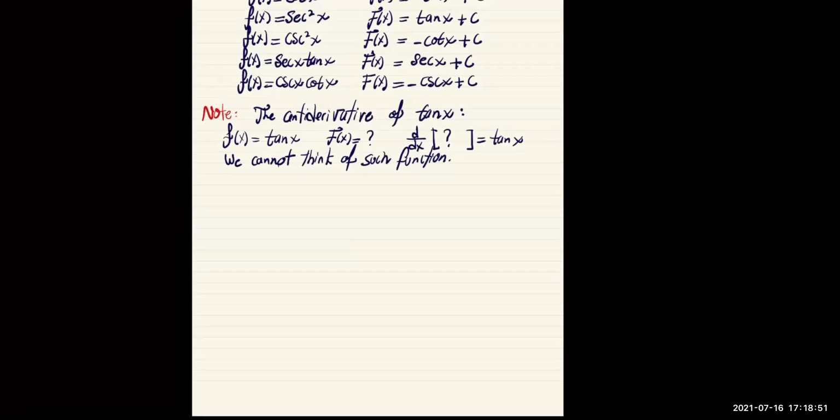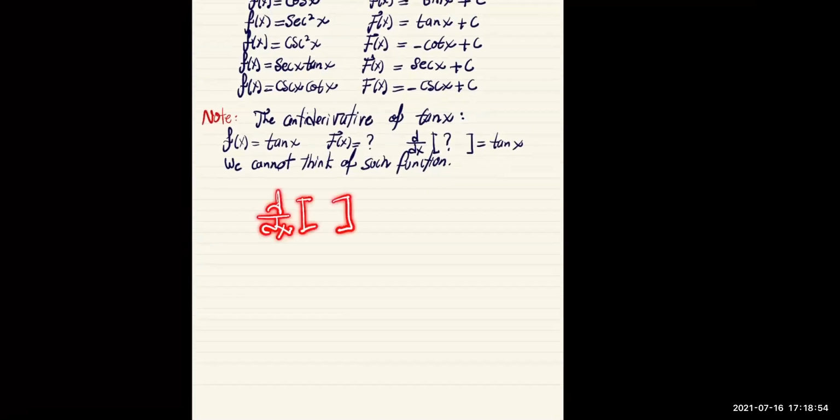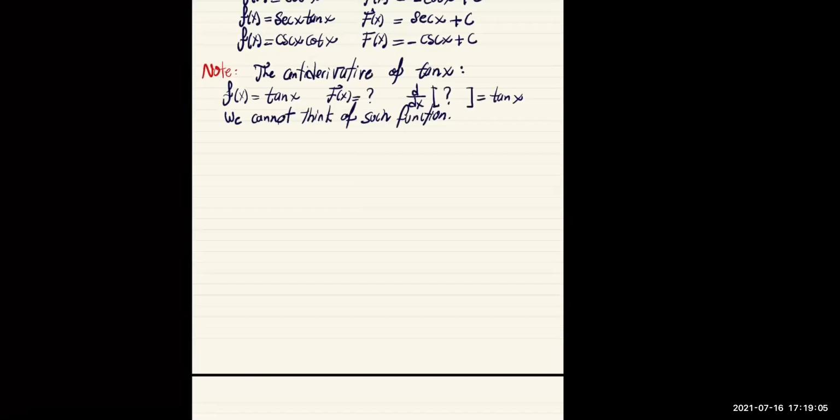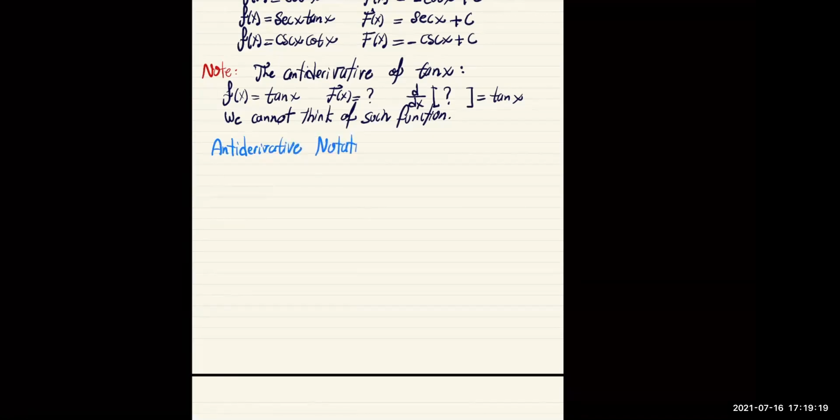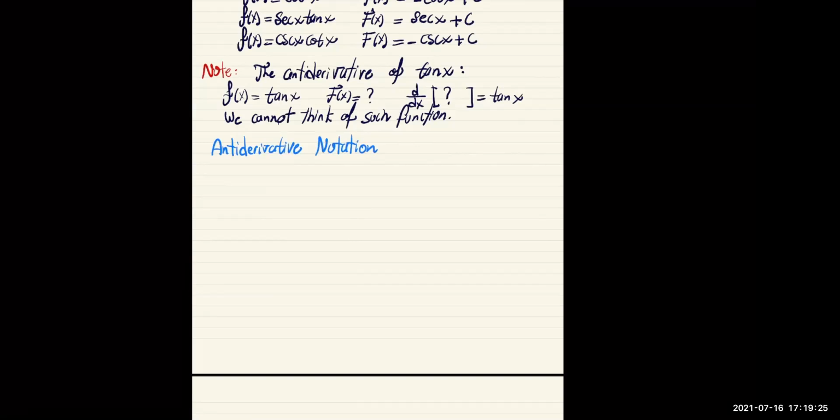It's d dx, the derivative of some function. d dx means derivative. So what is the antiderivative notation? The book doesn't introduce that notation yet, but I'll do it anyway. I should have done this earlier to save some time. It's a weird notation for now, and it can get really confusing in the next section, but it's just a notation.